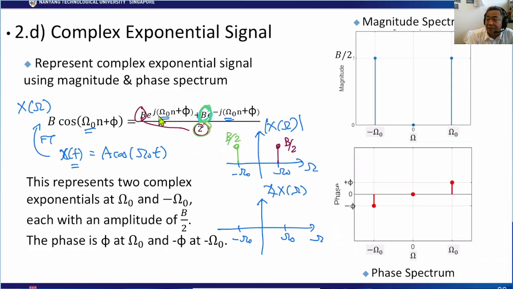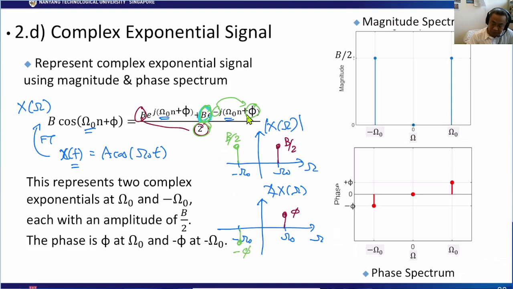What about the phase? At positive omega naught, the phase is phi. So let's use red again. Positive phi. And at the negative frequency, I use green. Why negative? Because this minus distributes.